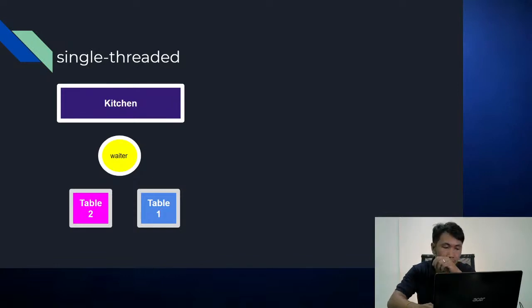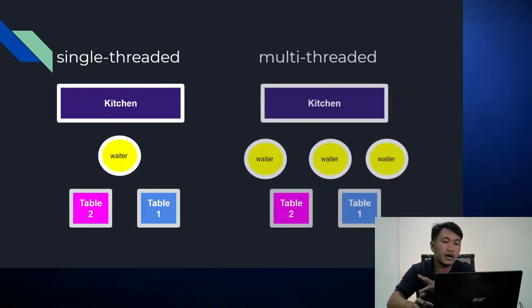There's also another way to do that, which is a multi-threaded operation. Again, we are in a restaurant. There's a kitchen. There are customers, table 1 and table 2, waiting.